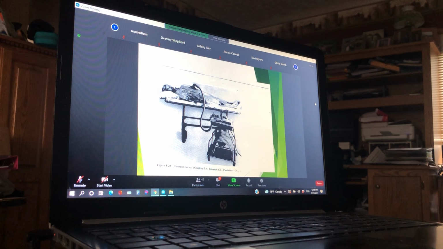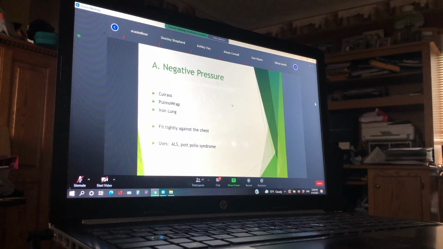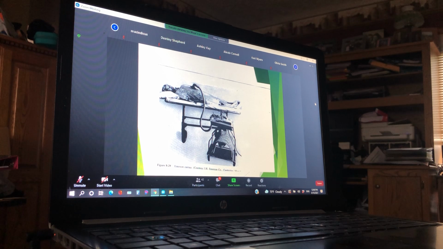Here's an archaic picture, but essentially it is the same thing. So this sits on the chest, and when the device kicks on, they're obviously much smaller than this, more compact, it draws the air out, and when it draws the air out, it pulls your chest upward, and you draw in a breath of air.